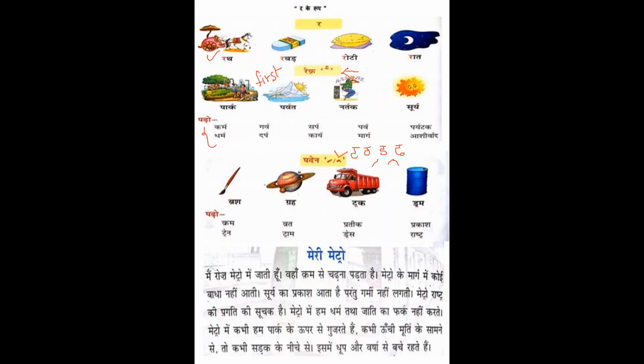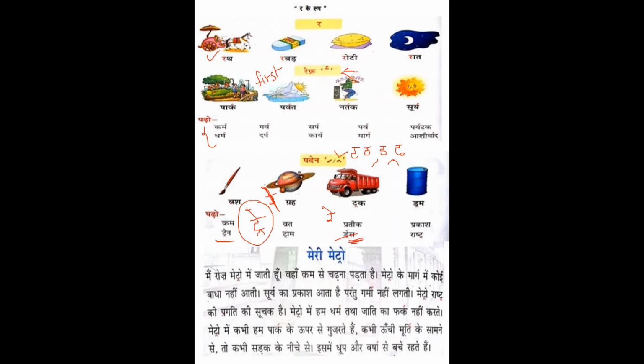For ra there is only this matra. Train, dress. You understood? This is train, this is dress.